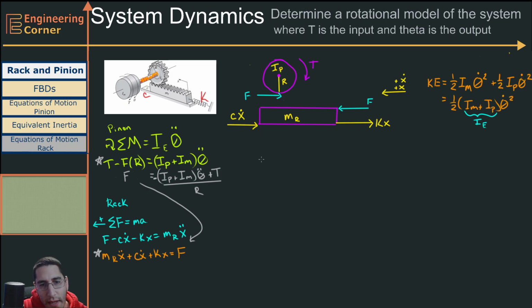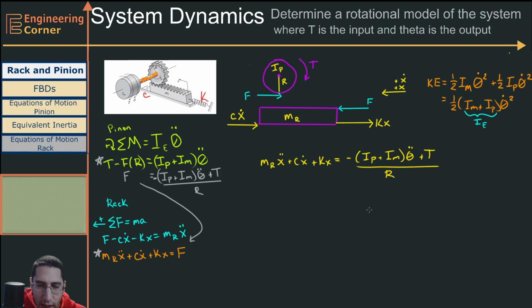And what I get is m_r x double dot plus c x dot plus kx is equal to minus (I_P plus I_M) theta double dot plus T, divided by r. And I want to have T as my input. So I want to get T on one side, and I want to get all my thetas and theta dots and theta double dots on the other side.